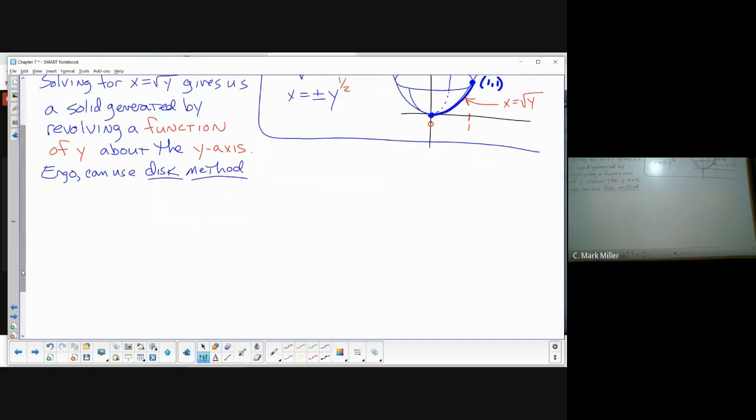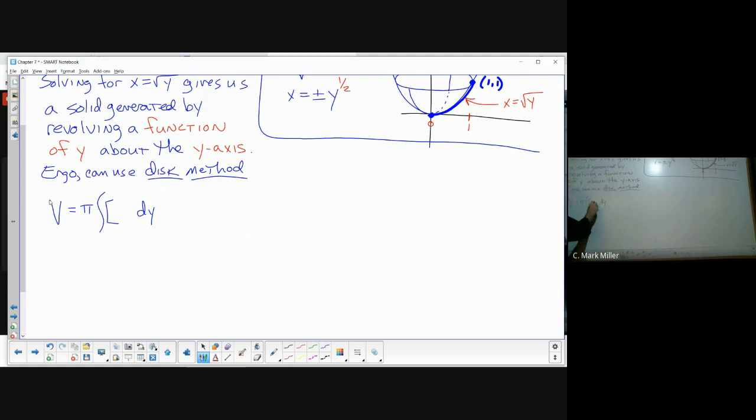So now our volume is going to be pi integral, and it's going to be a dy. And what do we put in here? We put in what our function is.